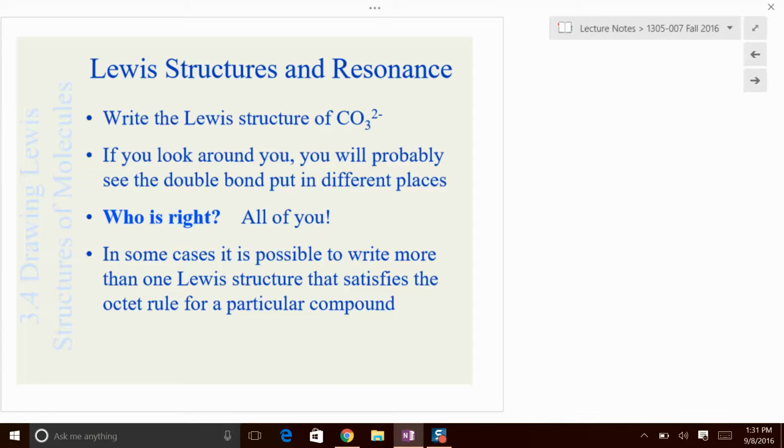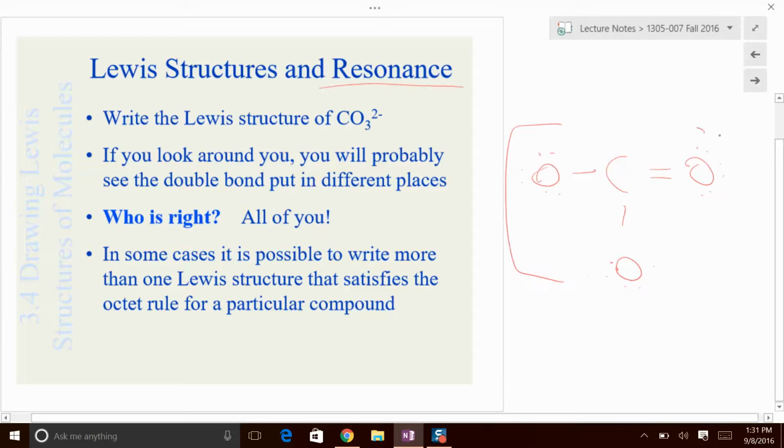So here it's just going to go through another idea with this double bond. We drew carbonate earlier: carbonate, double bond, oxygen, oxygen, oxygen, and we had 8 electrons around all these oxygens. You can't see those valence electrons very well, can you? And we said you chose one of those oxygens to double bond to. But is that the correct one?